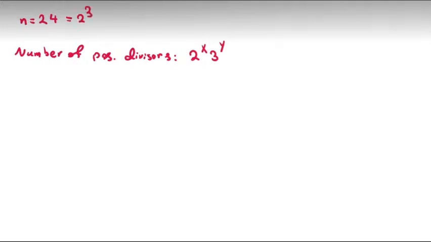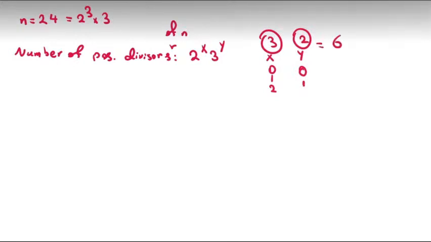Because 24 is 2 cubed times 3, we want to find the number of positive divisors of n, which is 24 here. So x can be what numbers? Because we have 2 cubed, x can be 0, 1, 2. So it has 3 cases. Y has how many cases? 0, 1. 2 cases. 3 times 2 is 6.